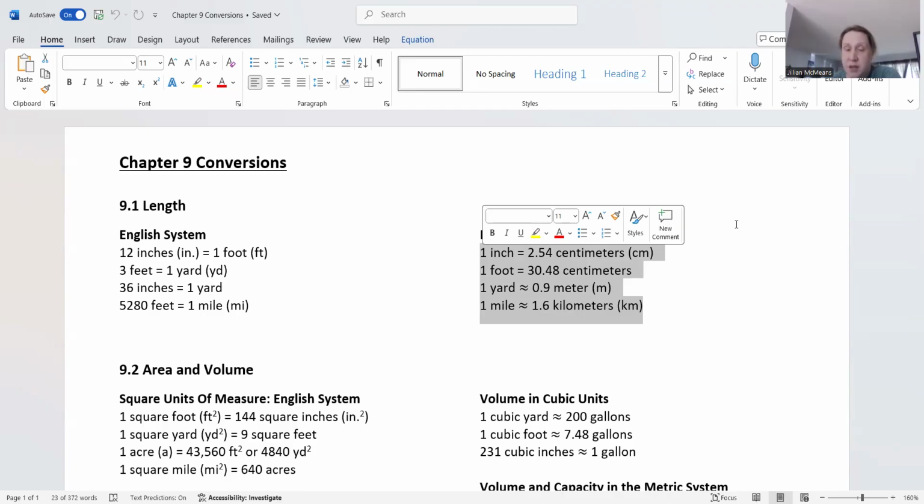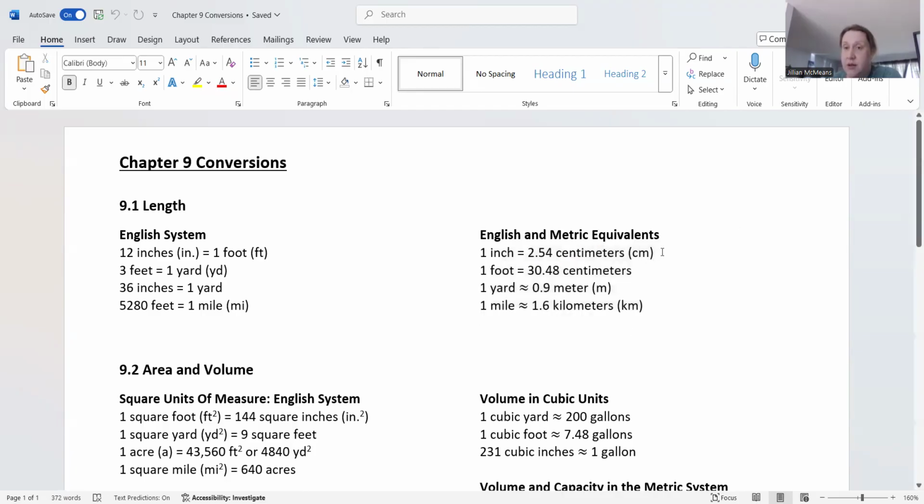Unfortunately, there's not a conversion here that takes us directly from meters to inches, but there is a conversion for inches and centimeters. And since meters and centimeters are both in the metric system, I can very easily convert my meters to centimeters and then use this conversion right here that's highlighted to go from centimeters to inches, okay?